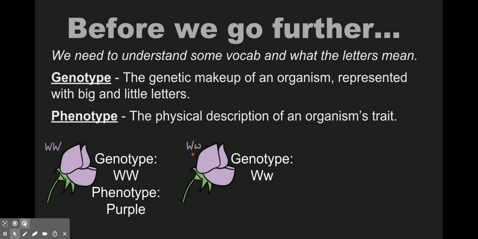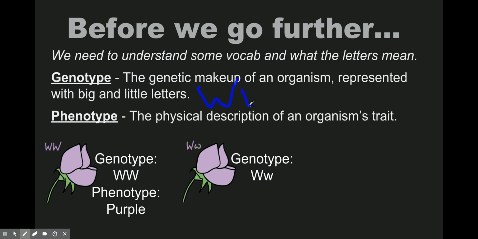I want to take a quick pause here for a second. I know we do a lot of typing in my class, but if we are ever doing anything where you have to write a genotype like big W, little w, I want you to make sure that your letters are clearly bigger or littler.